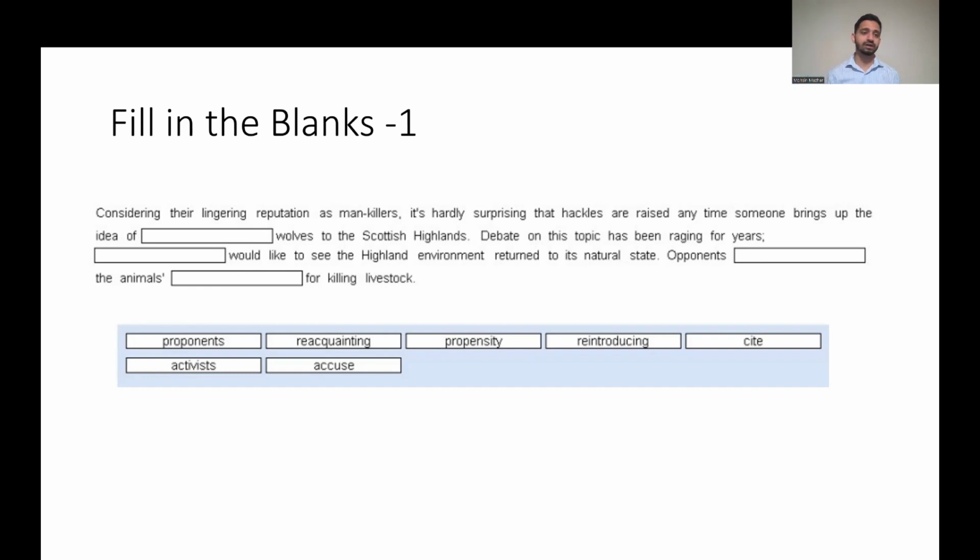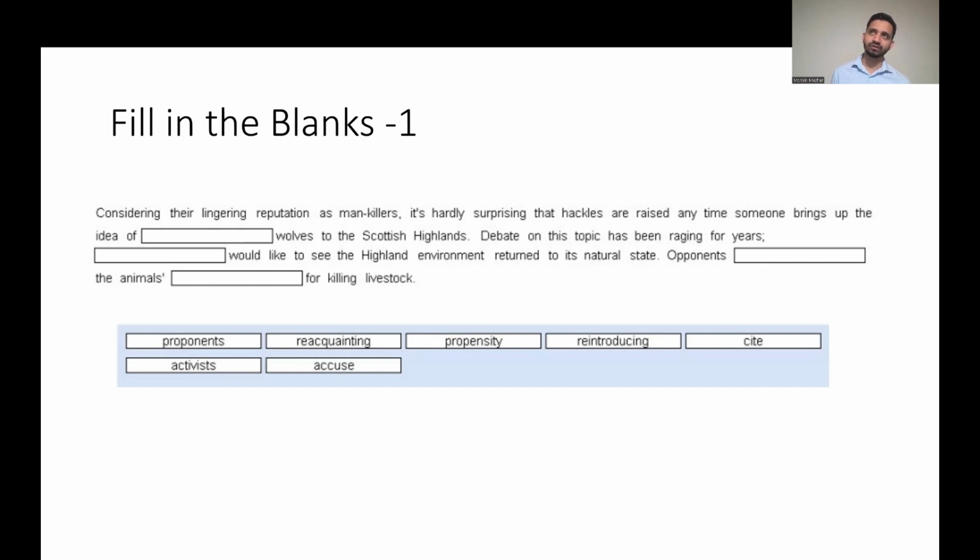Let's go one by one now. Considering their lingering reputation as man-killers, it's hardly surprising that hackles are raised anytime someone brings up the idea of wolves into the Scottish Highland. Let's look at some of the things. We're looking for a verb. Are we looking for an infinitive verb? Not really.